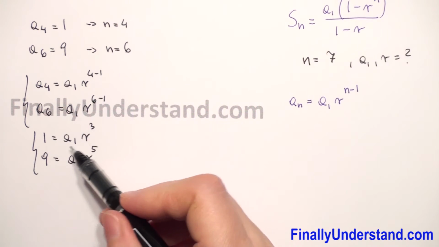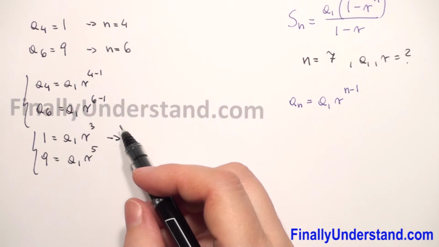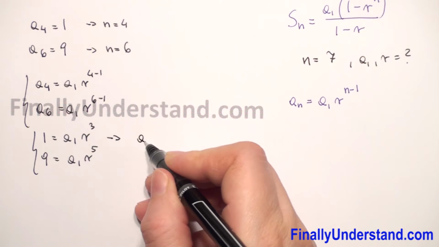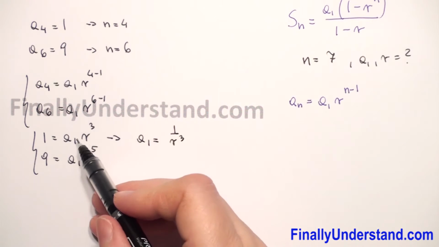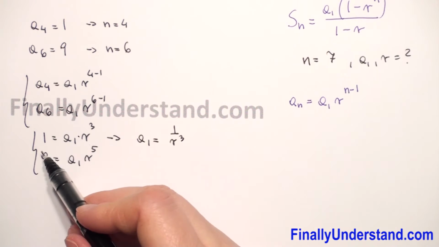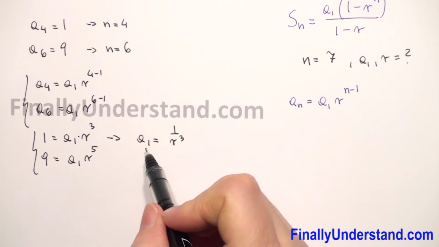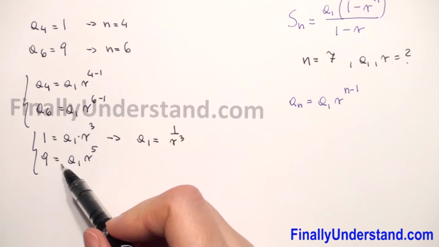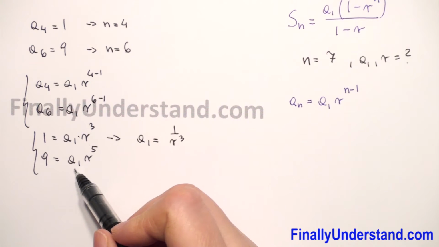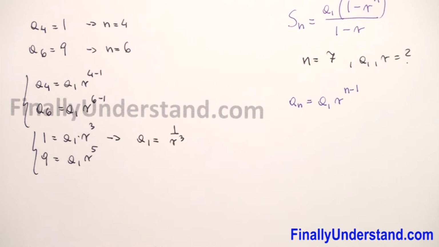For example, from the first equation, we can calculate that a1 is equal to 1 over r cubed, because we have multiplication here, so when I divide both sides by r to the third power, we will have that a1 is 1 over r to the third power. And now I will substitute into the second equation a1 by 1 over r to the third power.